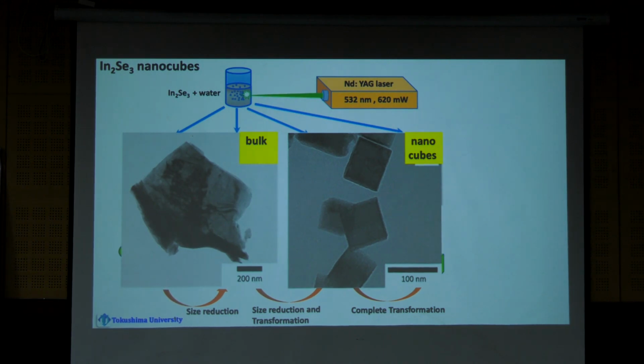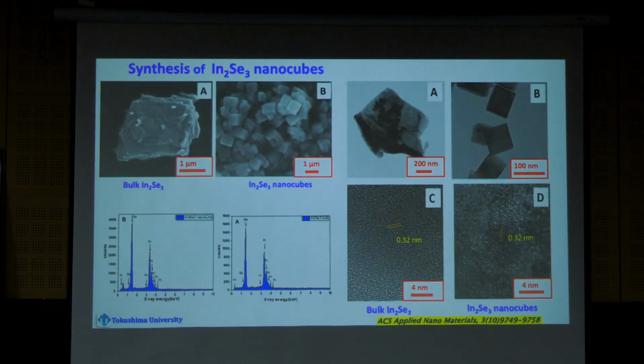In our case, we have used it for field emission application and photocatalysis also. We characterize this material and see whether indium selenide was indium selenide or not. So here is the bulk material, then this is the nanocube, and the structure is intact after TEM and XPS.